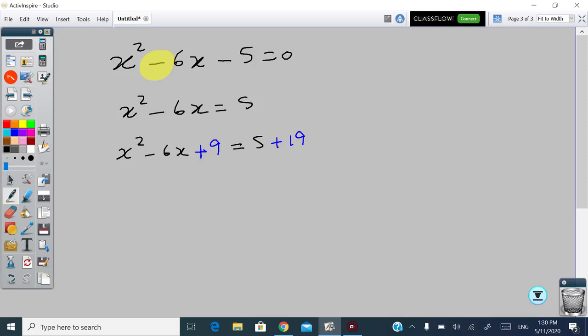Now the left-hand side is a perfect square, and you know this from grade 8. If you want to write the left-hand side by perfect square factorization, the rule is root of the first, x, the sign of the second term, which is a minus, and the root of the third, 3, all squared. Sorry, this is a 9.